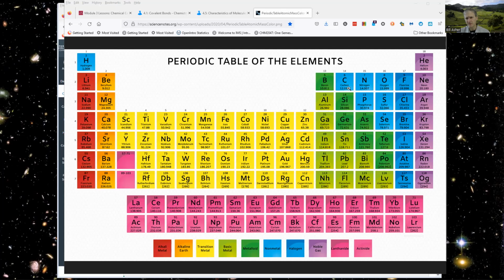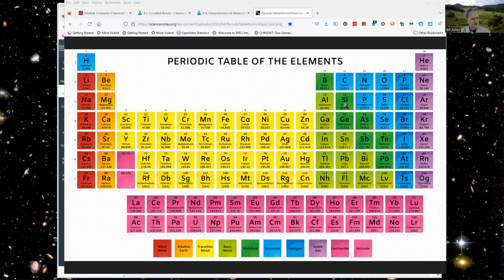The nonmetals: carbon, nitrogen, oxygen, fluorine, phosphorus, sulfur, chlorine, selenium, bromine, iodine, astatine. And then some of these elements here, boron, silicon, arsenic, tellurium, will form covalent compounds, boron and silicon in particular, right? So keep that in mind.